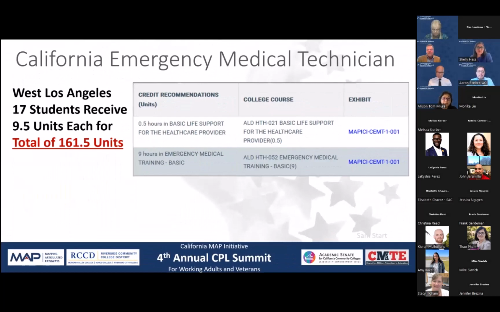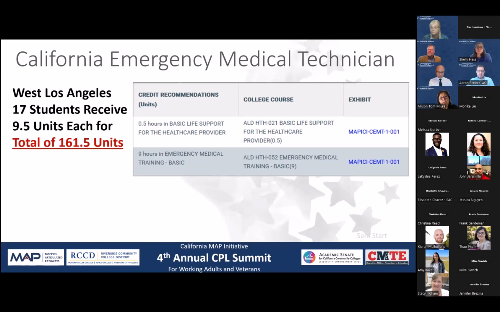Okay, emergency medical technician. This is a big one that we all could probably use. If a person comes with their license in EMT, we will give them these credits. We have a couple of partners that we do this with. I just want to say that for each of these cohorts, we have a whole slew of people waiting, because we took a break from issuing new CPL since the end of July.